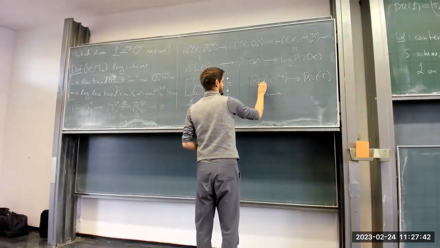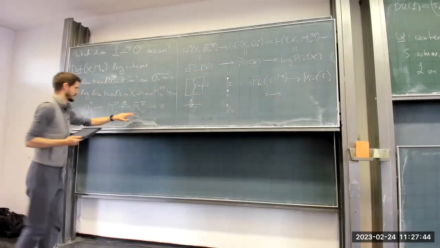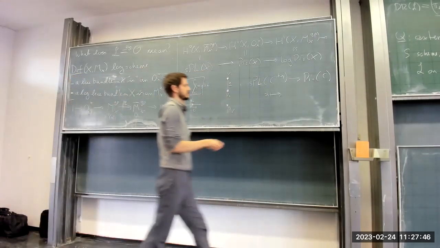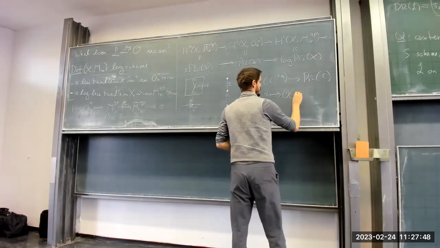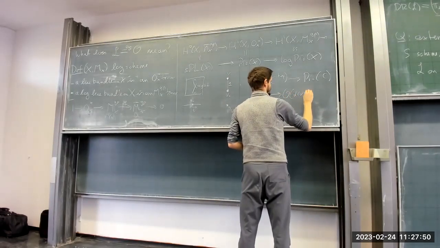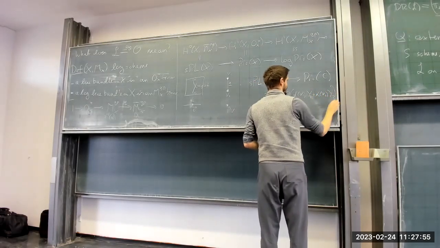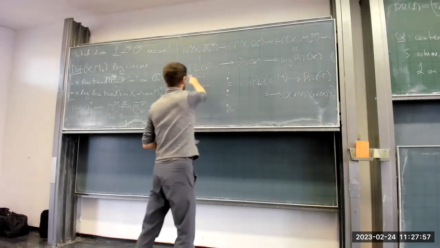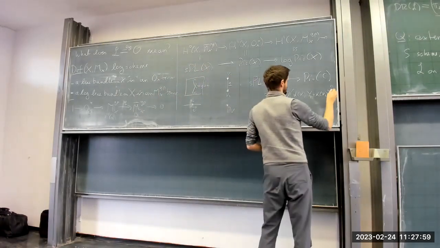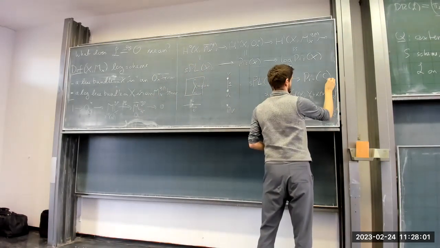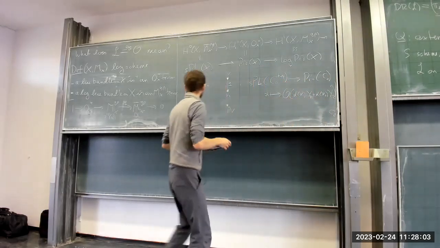So my function alpha, I unravel this recipe, and it's going to go to O of alpha of B1 times Y1 plus alpha of B2 times Y2. This is now a line bundle on the total space, so I guess I better restrict it to the special kind. If this is C, this is C0.